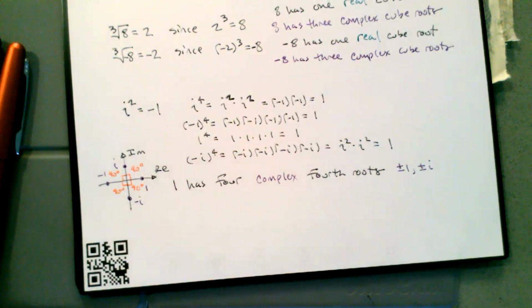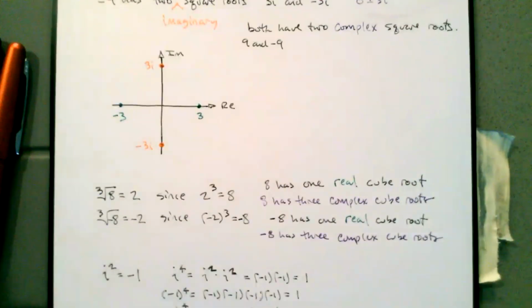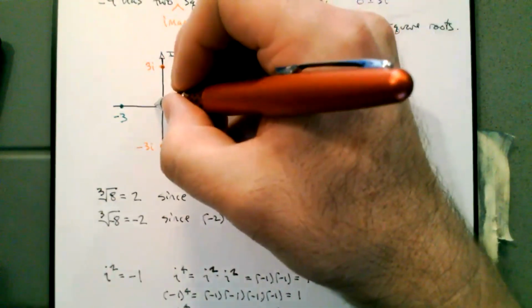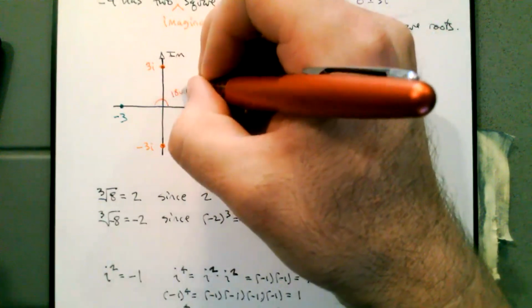Go back to our square roots. Our square roots of 9 were 3 and -3. Our square roots of -9 were 3i and -3i. Notice, 180 degrees apart.